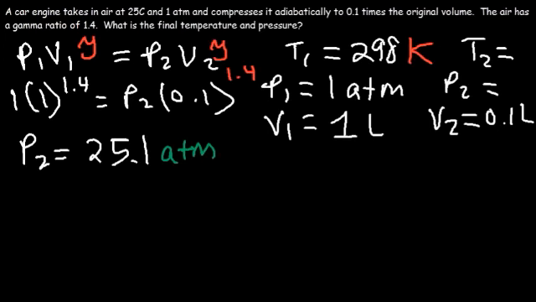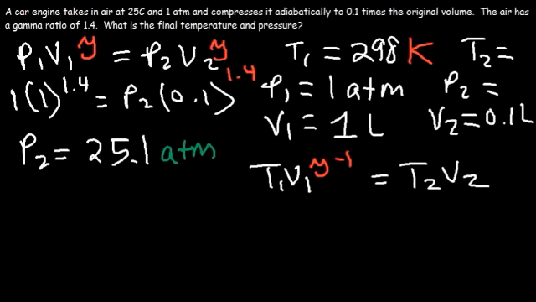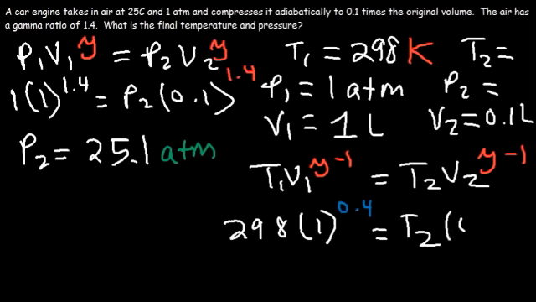Now let's use the other equation. T1 V1 gamma minus 1 is equal to T2 V2 gamma minus 1. So T1 is 298 Kelvin, V1 is 1, gamma minus 1, that's 1.4 minus 1, which is 0.4. We're looking for T2, and V2 is 0.1 raised to the 0.4.